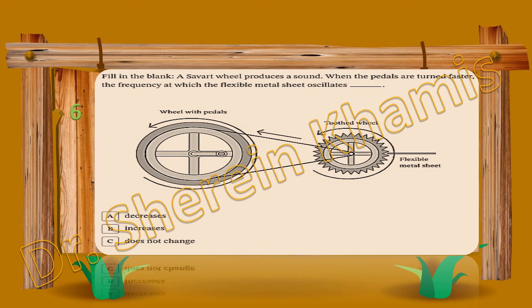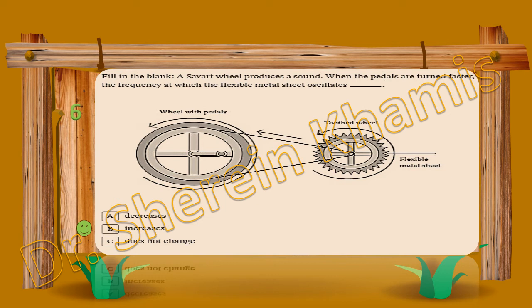Okay, here we have the flexible metal sheet and the wheel pedals move, so the frequency between them will increase. Okay, why will it increase? The pedal turns faster. Here we have teeth, and the number increases.